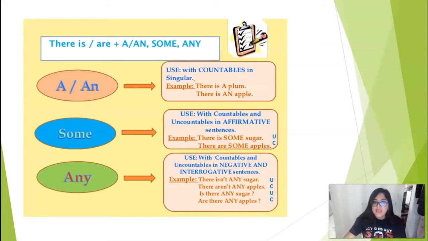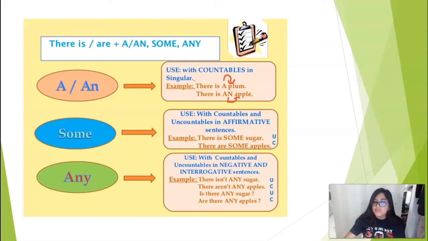When do I use a? When the word that follows starts with a consonant sound, B, C, D, F, etc. And I'm going to use an when the next word starts with a vowel sound, like apple. Okay.